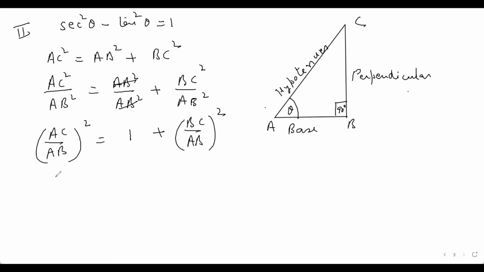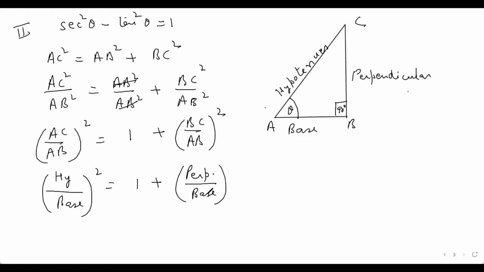Now what is AC? Hypotenuse. What is AB? Base whole square is equal to 1. What is BC? Perpendicular upon AB is base whole square.